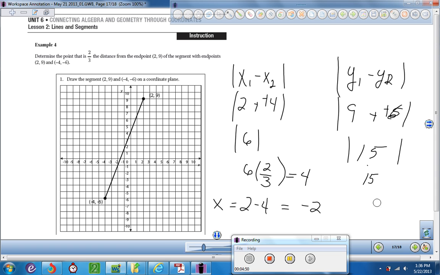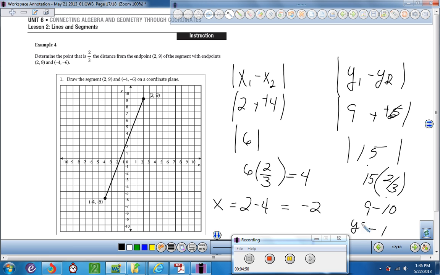We have to take 2/3 of the distance, the change in y. So we get 15 times 2 would be 30 over 3, so that ends up being 10. So there's a change of 10. Now we'll take the 9 minus the 10, because again we're coming down. We have to come down 10 places, so 9 minus 10 gives us negative 1 for our y value.